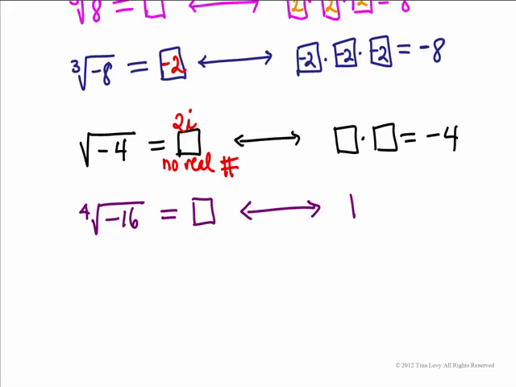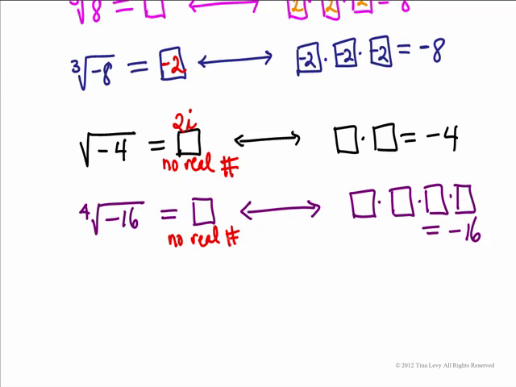In this case, multiplying a number 4 times is supposed to give you a negative 16. But similarly, no positive number multiplied 4 times becomes negative, and no negative number 4 times becomes negative. So for this one, this would be no real number. But it is not an imaginary. Only square roots are later called imaginary numbers.